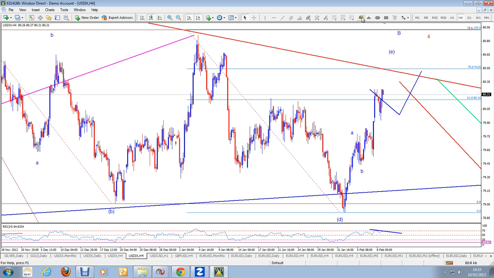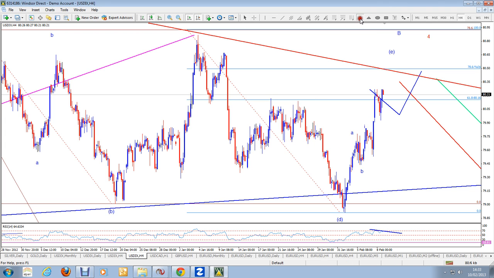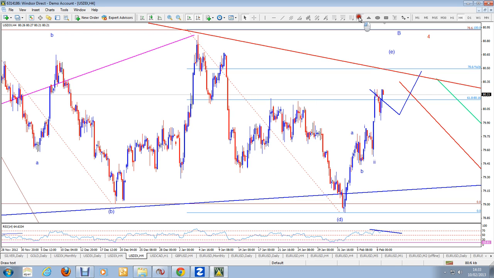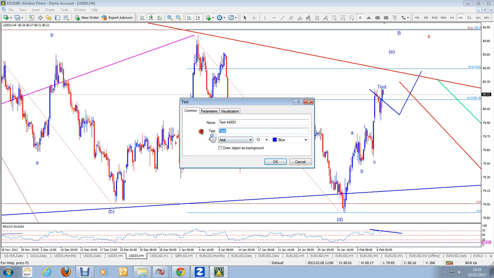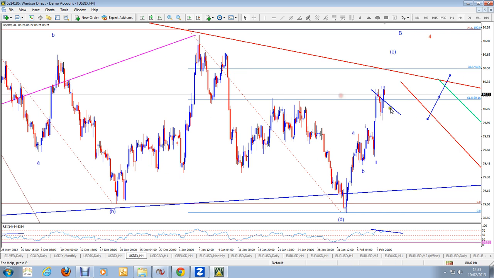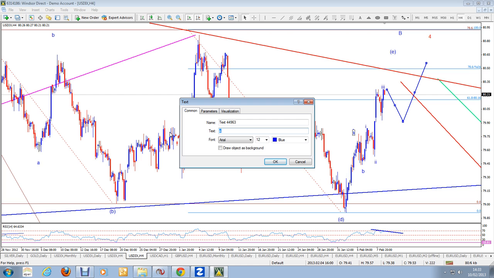So they would be like this. It would be 1, 2 here, this one is 3, either complete or nearly complete, in which case from here we come down for 4, and then we get another leg higher, in which case we've actually got a 5 wave, and in that case I think it may well turn out to be a 5 wave up.